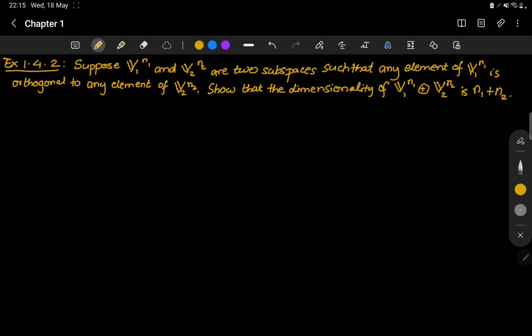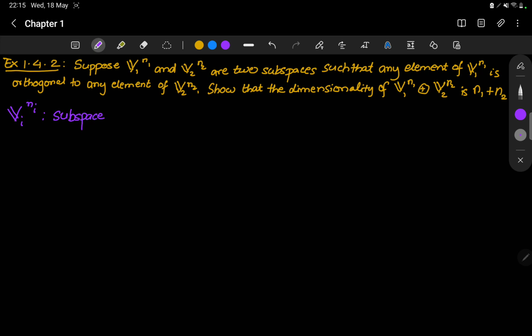So first of all, this notation of Vi Ni means that this is the ith subspace of the vector space V, and the subspace has a dimensionality of Ni.